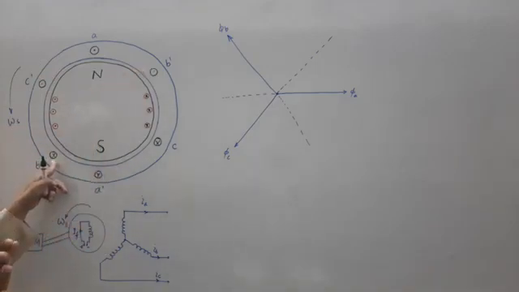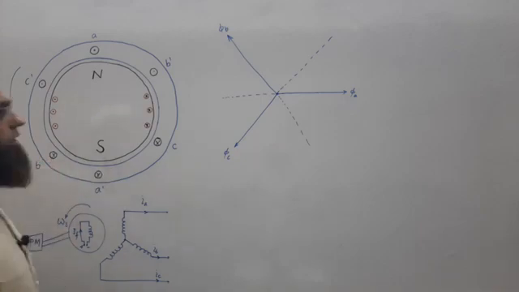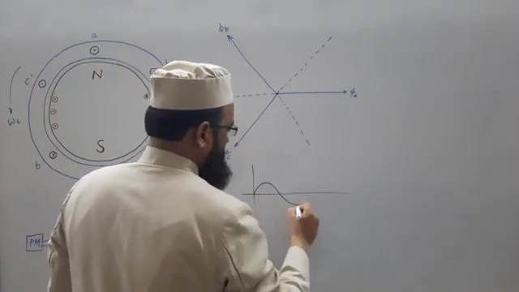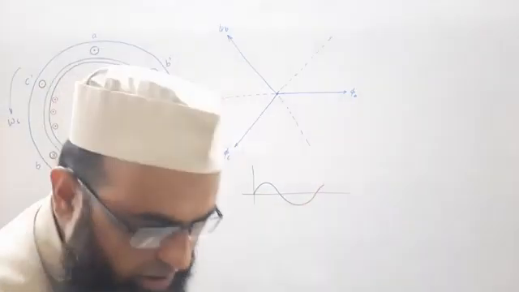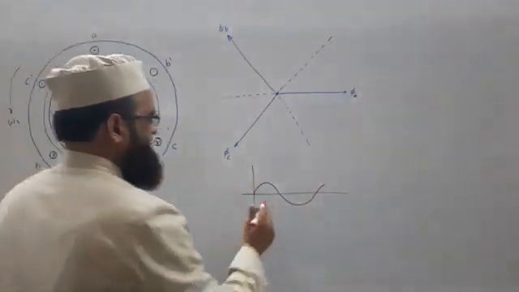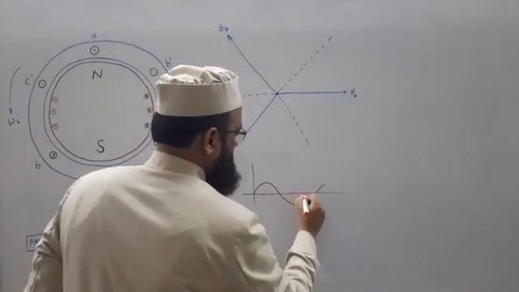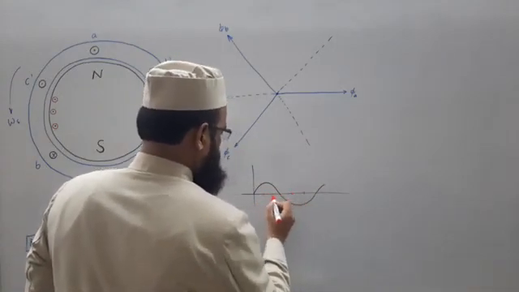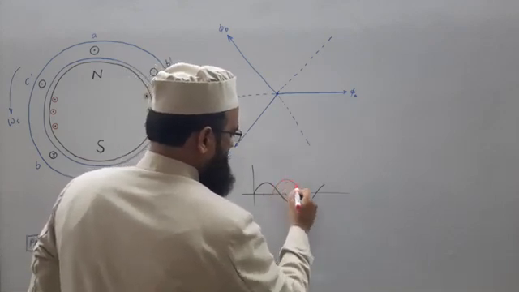and so on, right. If we are going to draw the three phase EMFs, so phase A, right, let us draw for phase B. So for phase B, this will be maximum, right.